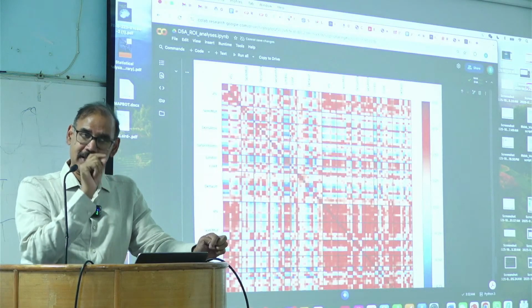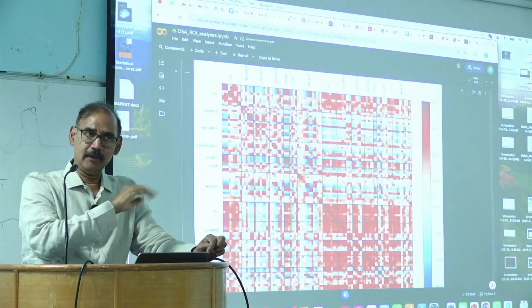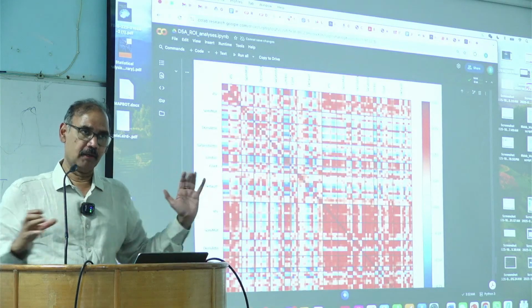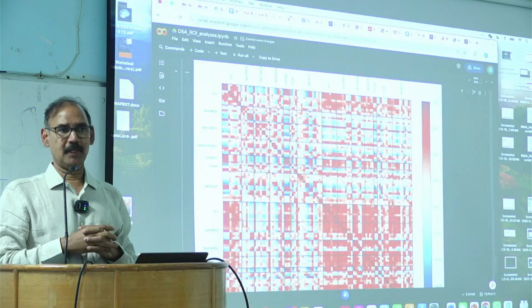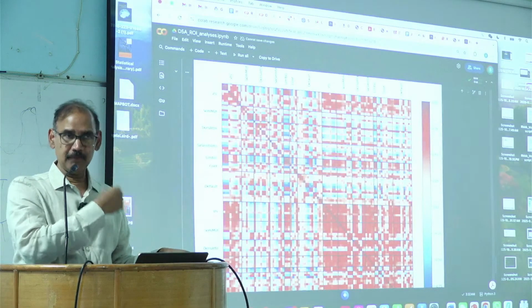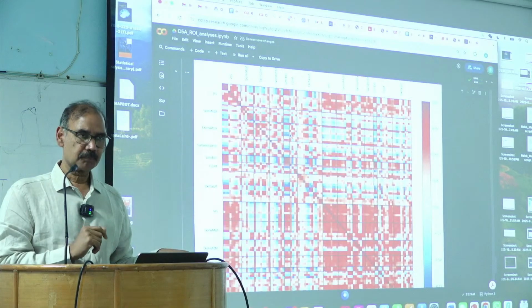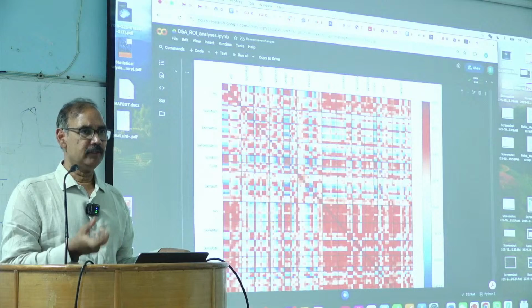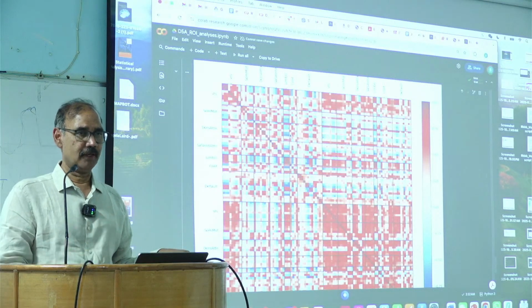I could just take one voxel and do correlation, and that would be seed based, or I could take all the voxels in the region, average it, and then run it. So it's not confined to taking a sphere.